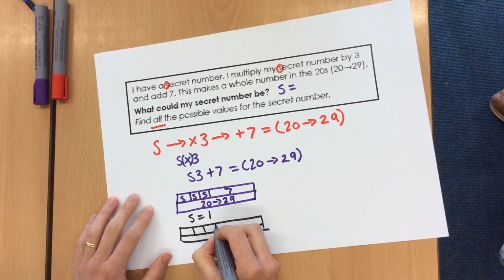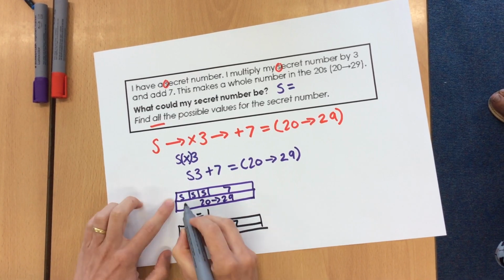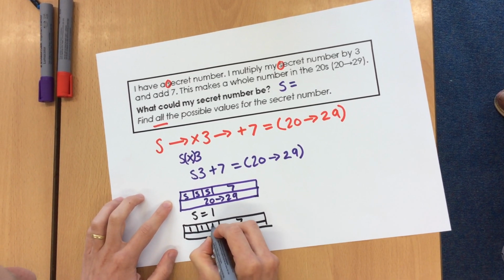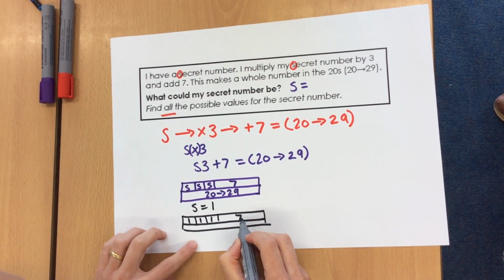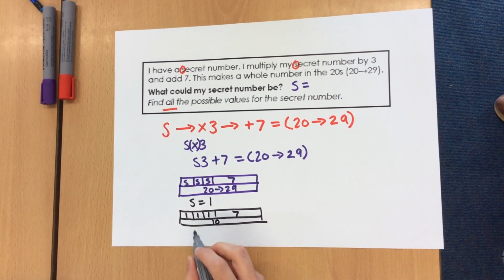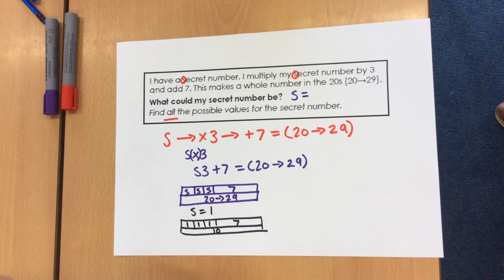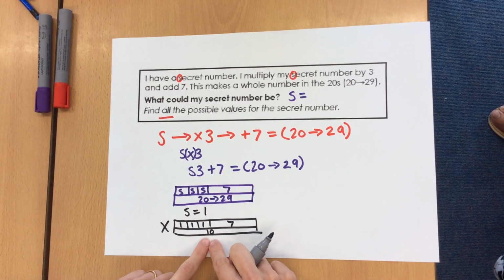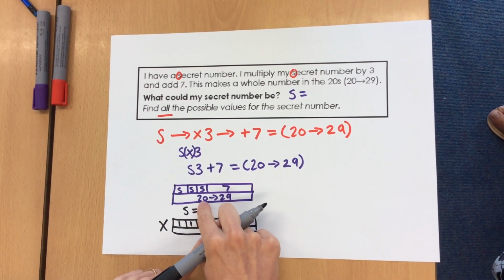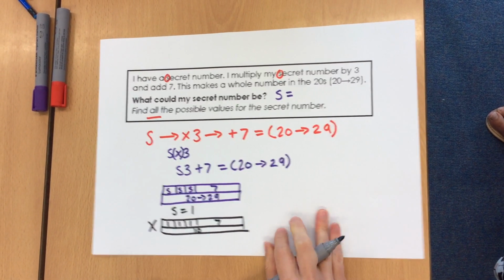I'm going to still put my 7 in there, but instead of S, I'm going to put the number 1, 1, 1. So 1 plus 1 plus 1, that's 1, 2, 3, plus 7 is 10. Now then, does S, the secret number, equal 1? Well, absolutely not, because the total is 10. But my total needs to be any number between 20 and 29. Right, so I am way off here.